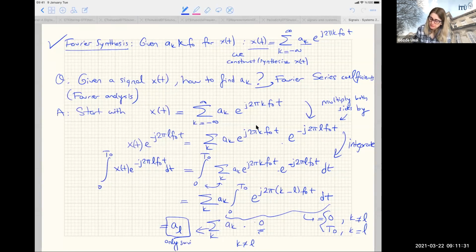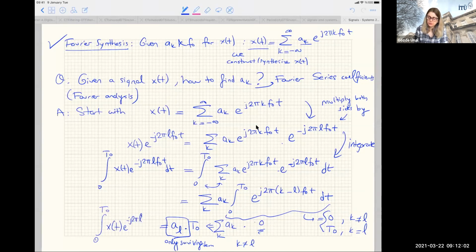So let's try to write this in a nicer way. The only surviving term is al, giving me al times T0. So in the end, we ended up with this equation. Now we will rearrange it.